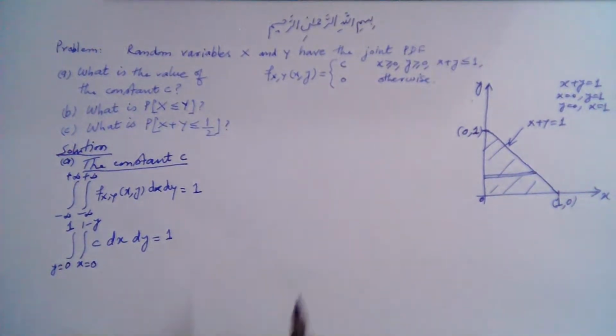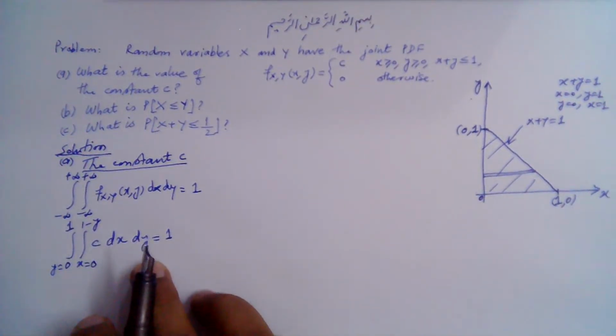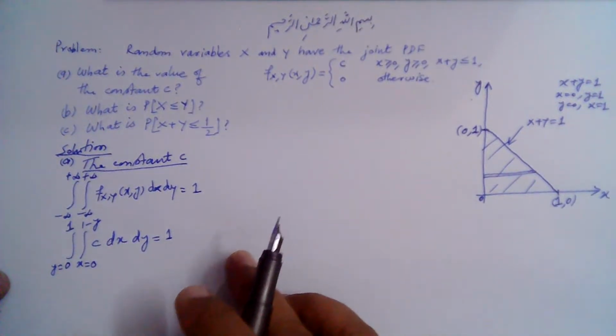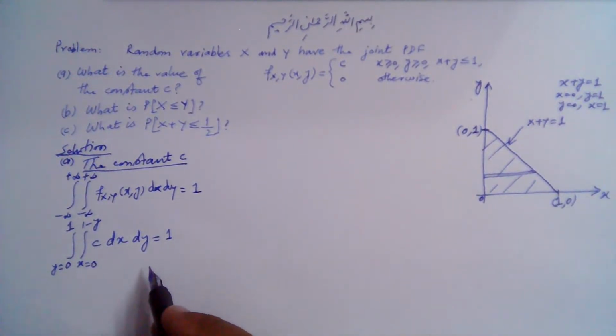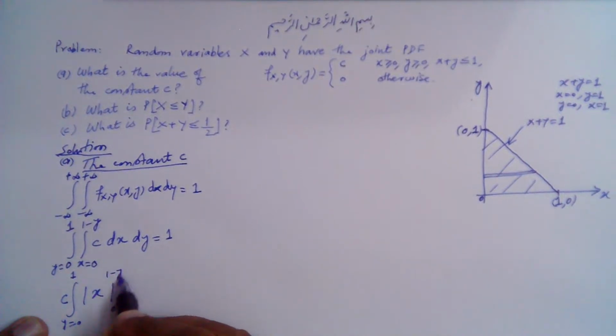So we could have opted for a different order of integration, dy dx. In that case, limits will be different. So we will discuss that also subsequently. So first let us evaluate this integral. So y is equal to 0 to 1, and c is a constant. It can be taken out this way, and we are to first integrate with respect to x, and we have dx here, and the limit is from 0 to 1 minus y.